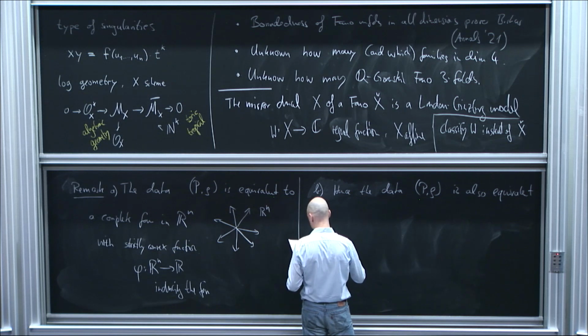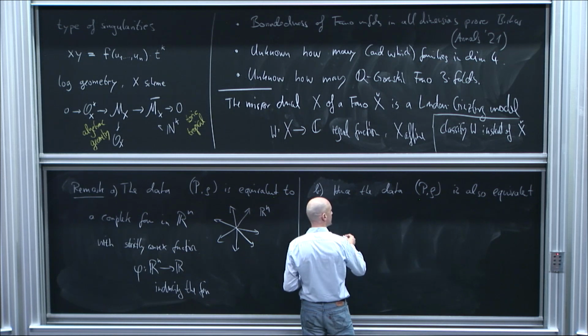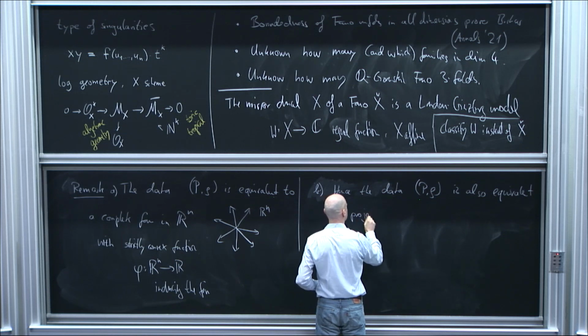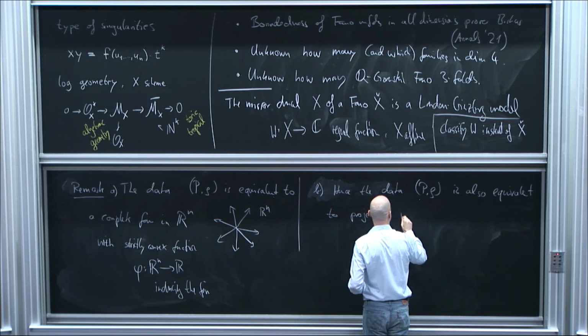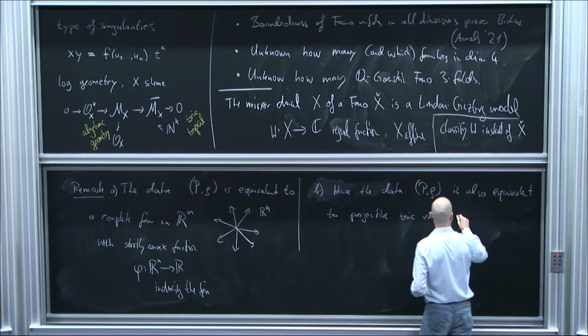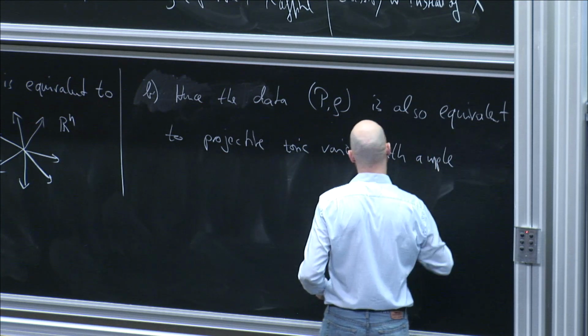Okay? So it's equivalent, in fact, you know, with a divisor, toric ample divisor, is equivalent to a projective toric variety with ample toric divisor.